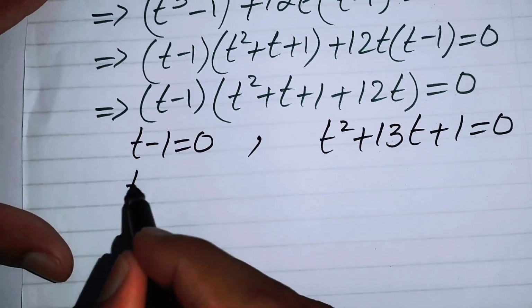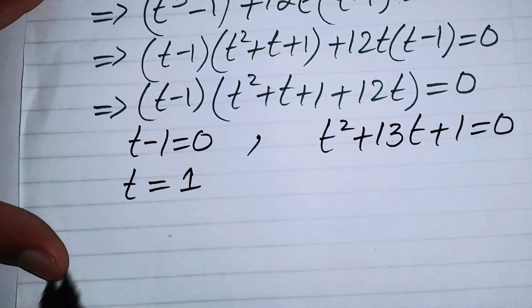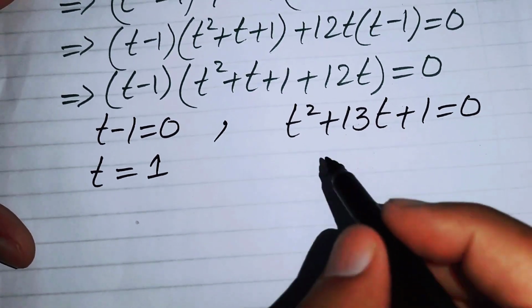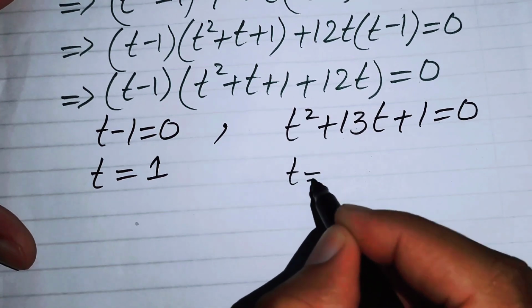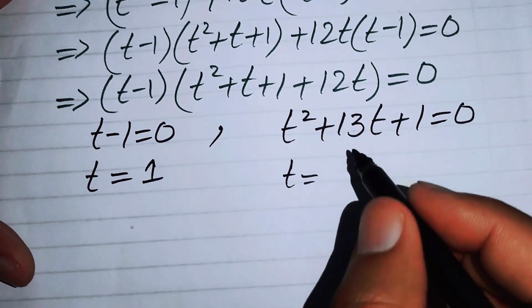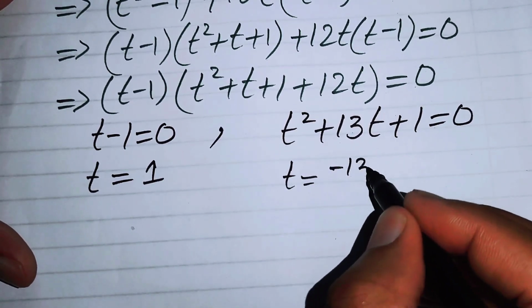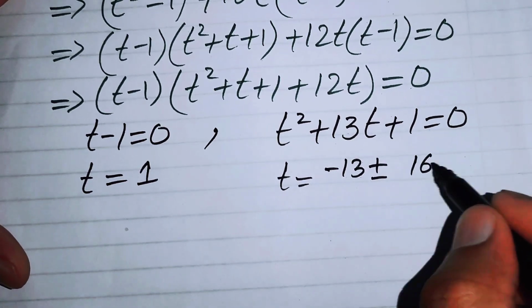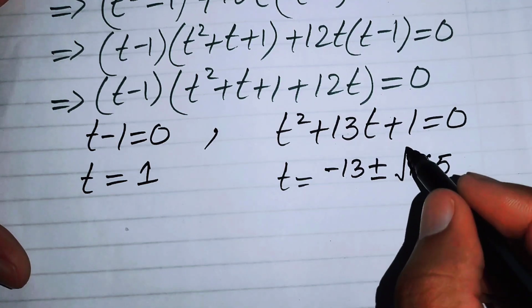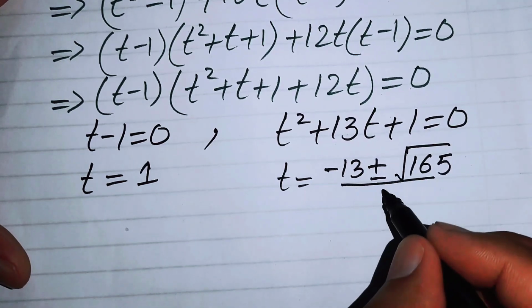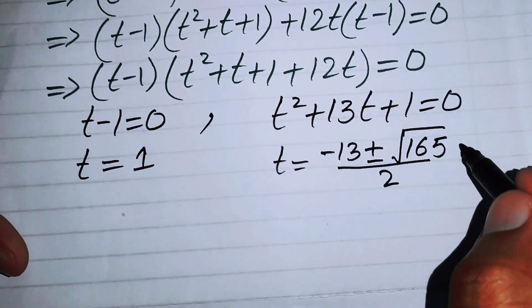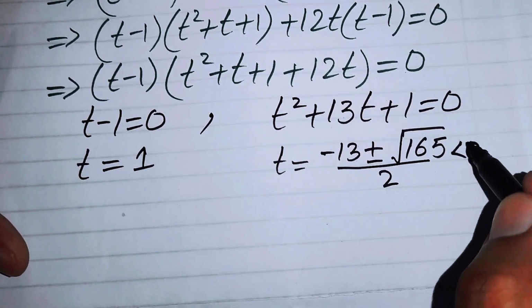So in this case you get the value of t is equals to 1, and in the second case you can apply the quadratic formula and you obtain the final value of the question is minus 13 plus minus square root of 165 over 2, so that here you see that it will becomes the negative, or it is less than 0.